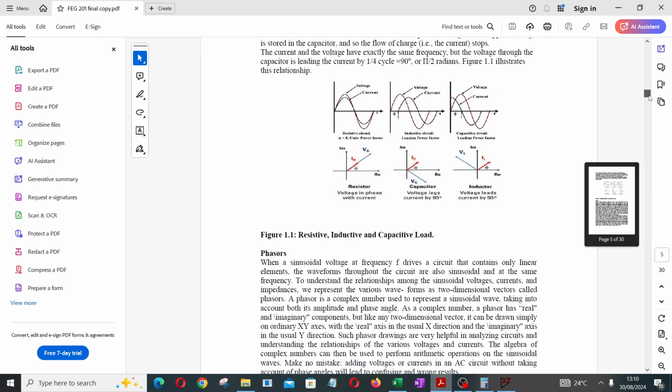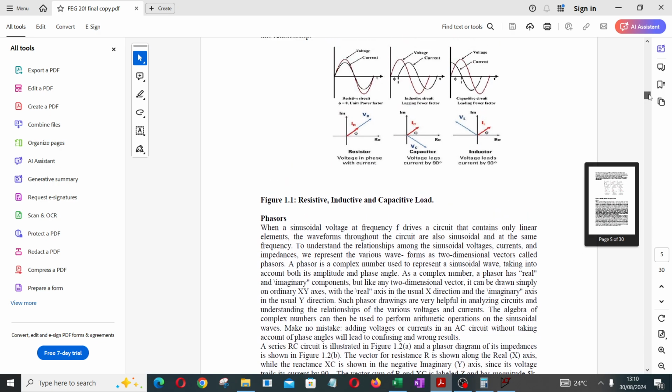When you have a purely resistive circuit, the voltage and current are always in phase, as shown from this particular waveform. Both voltage and current are in phase. That is, when the voltage gets to its peak, the current is getting to its peak at that same time. When the voltage runs to zero, the current waveform also goes to zero at the same time, and so on and so forth. That is for a purely resistive circuit.